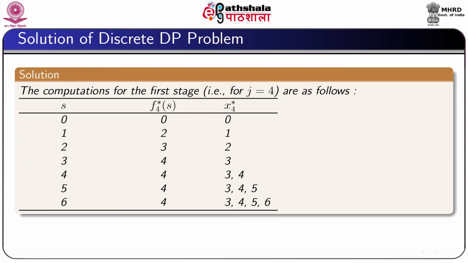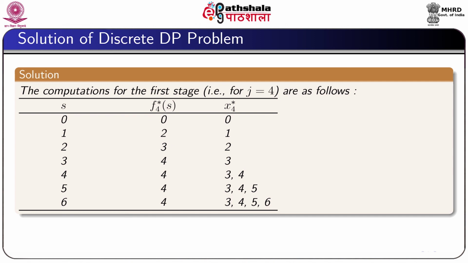The computations for the first stage, that is, allocating at store 4, are as follows. The available crates are 0, 1, 2, 3, 4, 5 and 6, and the units which we can allocate to store 4 are shown.